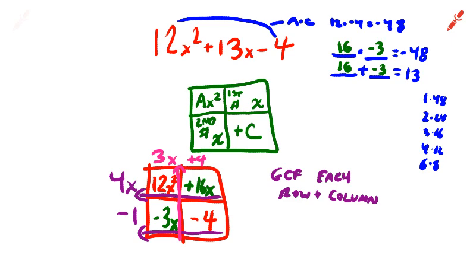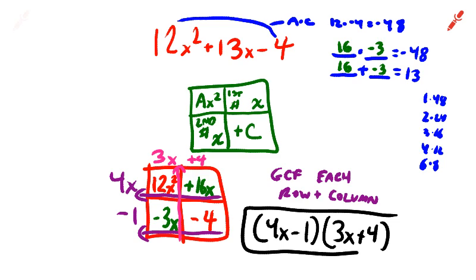So therefore, my factors are 4x minus 1 and 3x plus 4. And I could verify this by multiplying it out and using the distributive property.